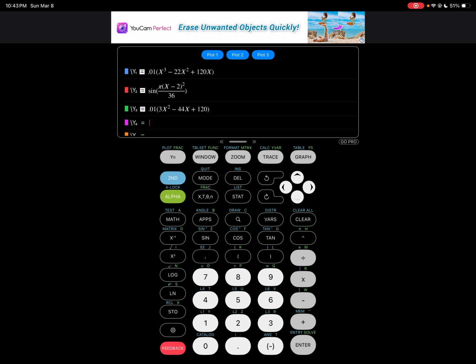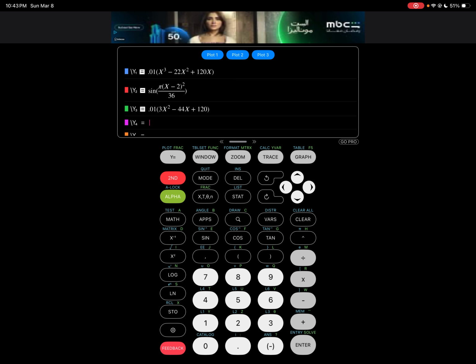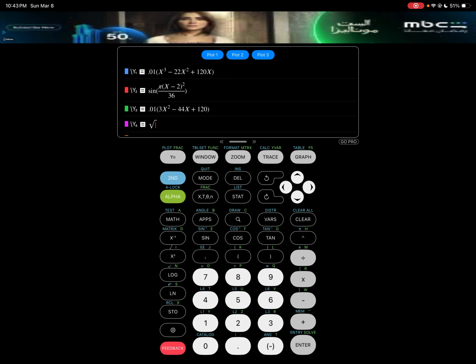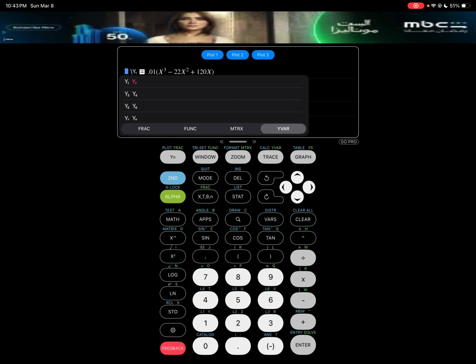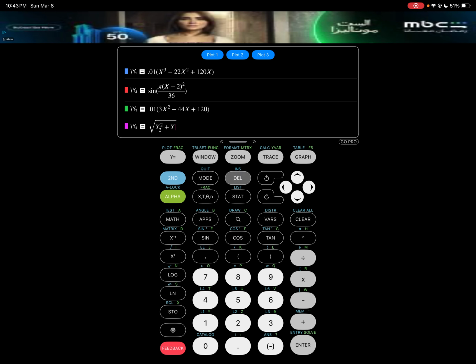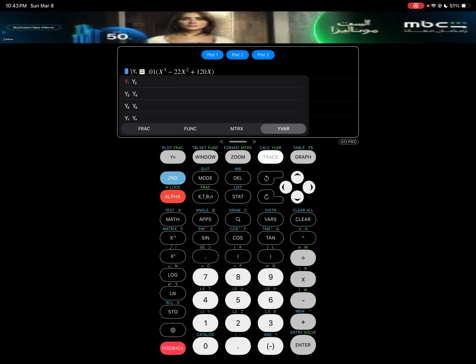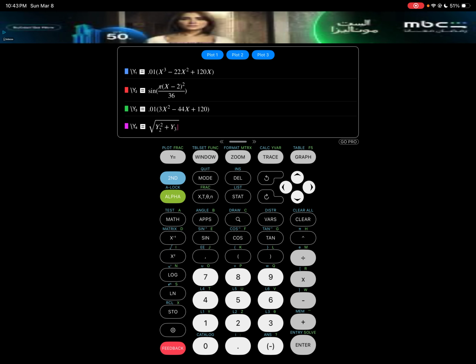I'm going to go ahead and do the square root of y2 squared plus y3 squared, because y3 is my derivative. I'm going to basically uncheck everything else, because I don't need anything else here.